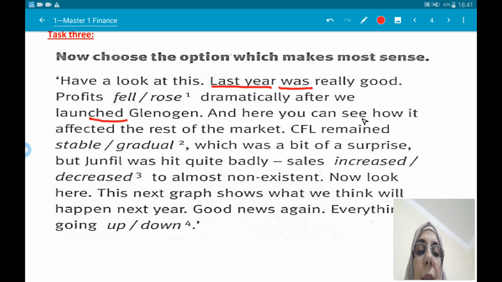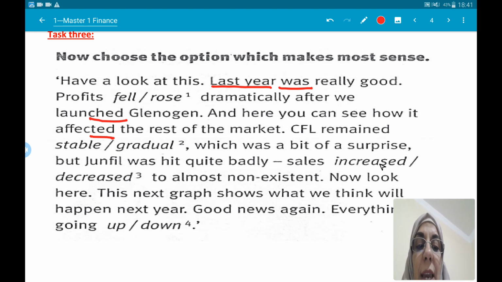And here you can see how it affected the rest of the market. CFL remained stable or gradual. Which one is better? Which was a bit of a surprise, but Janfil was hit quite badly. Sales increased or decreased to almost non-existent.